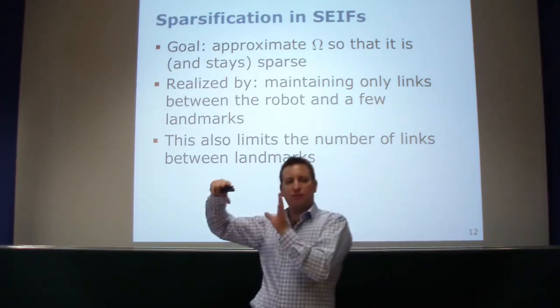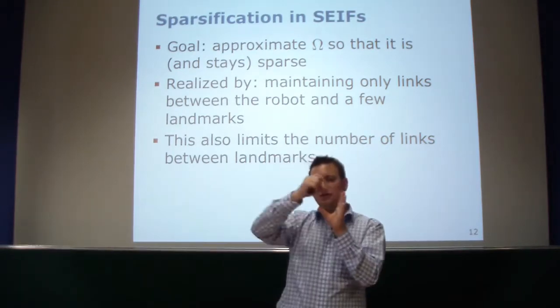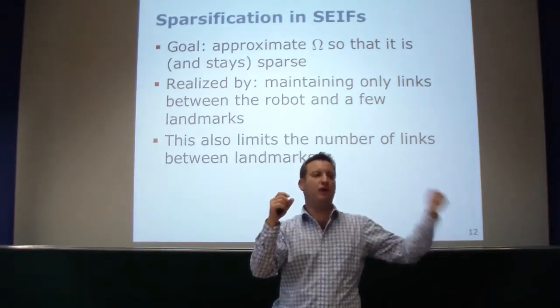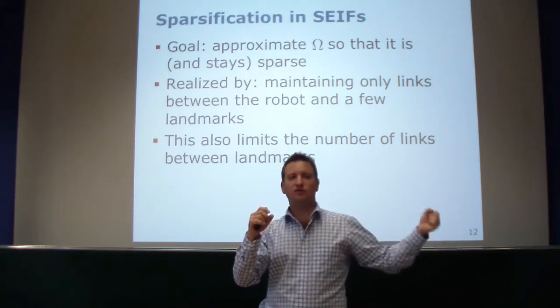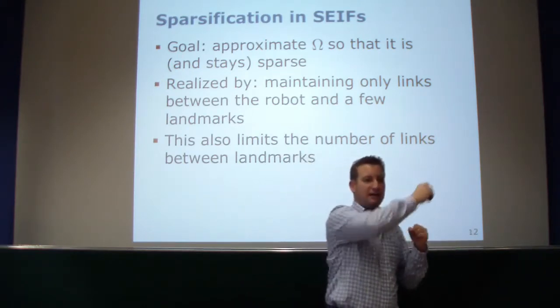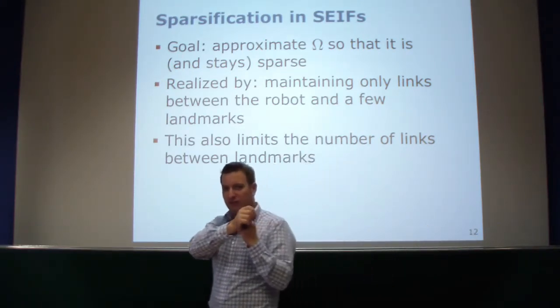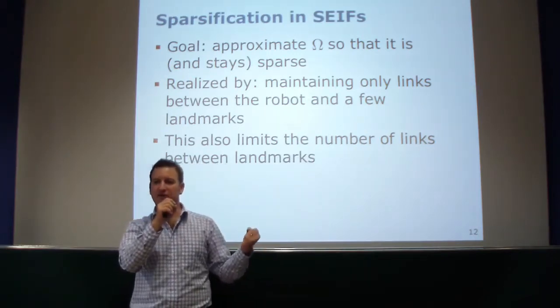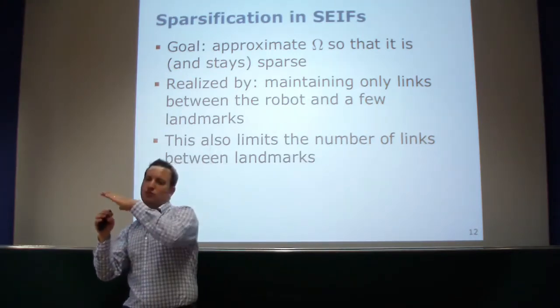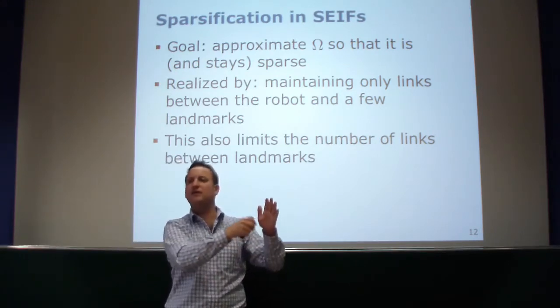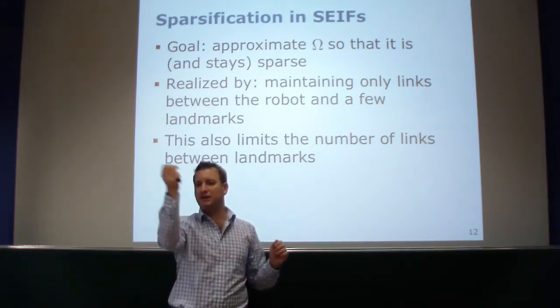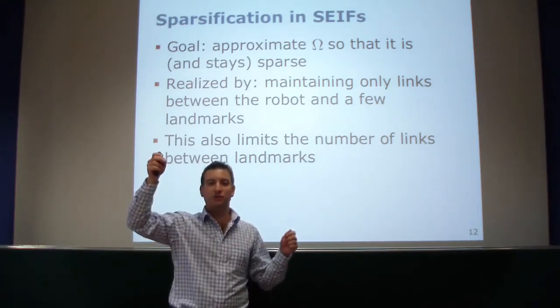But if I move on through the environment, I need to add new features to this active set, so I should remove old ones. And this removal of the old ones should result in the fact that I eliminate the direct links between the robot's pose and those landmarks that become passive, so that when the robot moves on, these landmarks are now passive and don't require any further update because there's no direct link with the robot's pose.